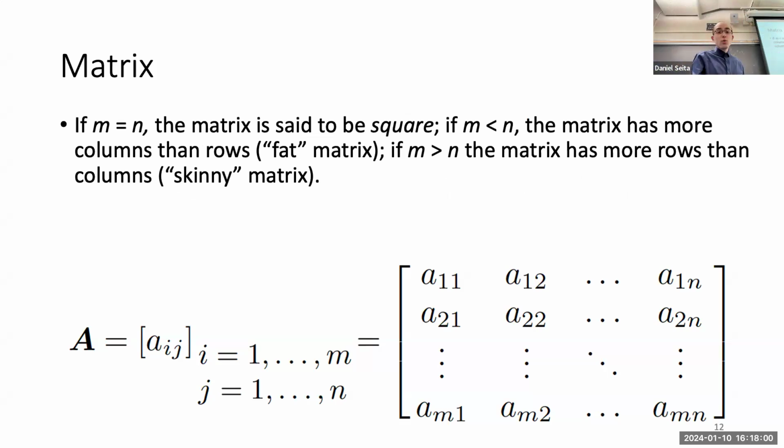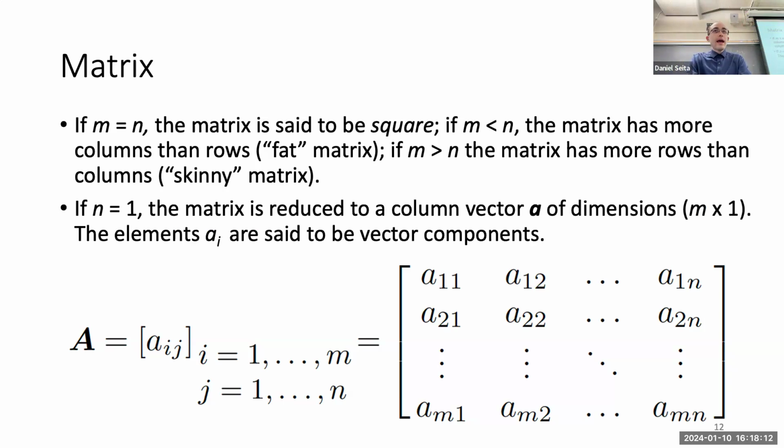If the other case holds, there are more rows than columns, so the number of rows keeps increasing until you get a very tall or skinny matrix. And a special case of what we've seen earlier is when n is 1, then it reduces to just a column vector.